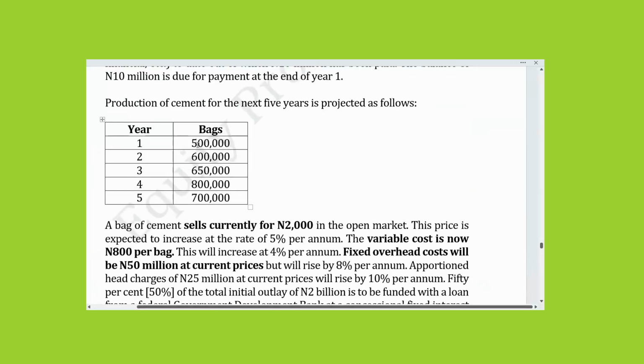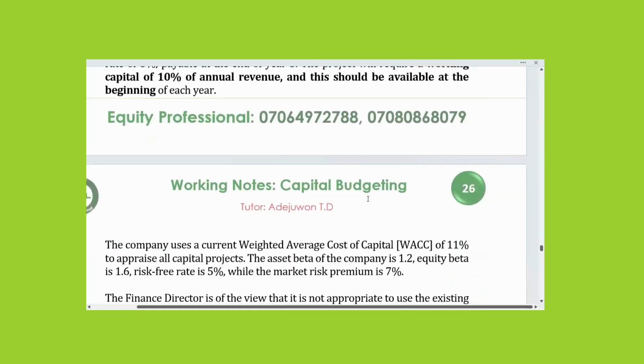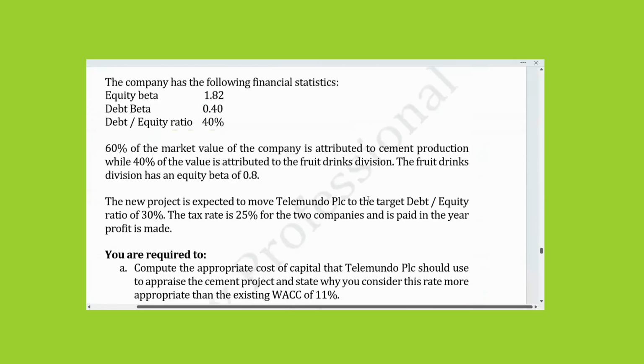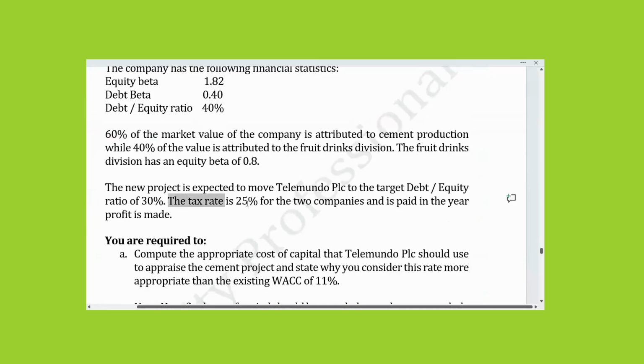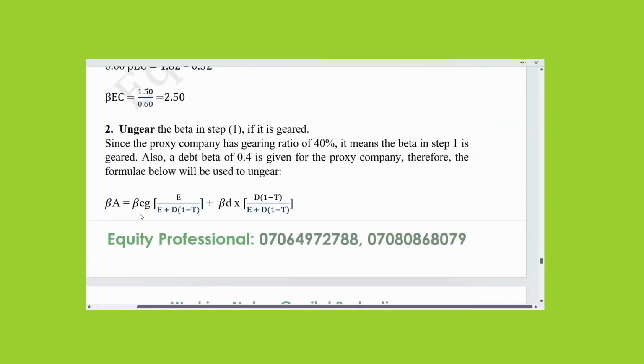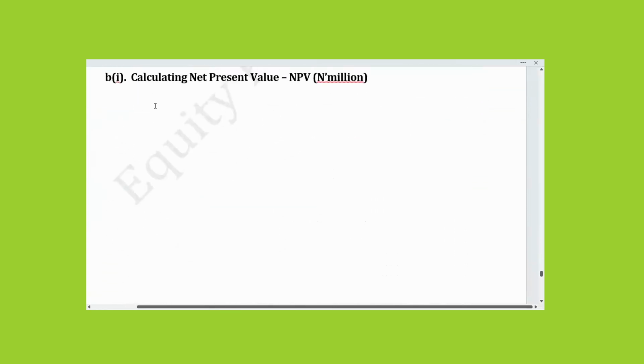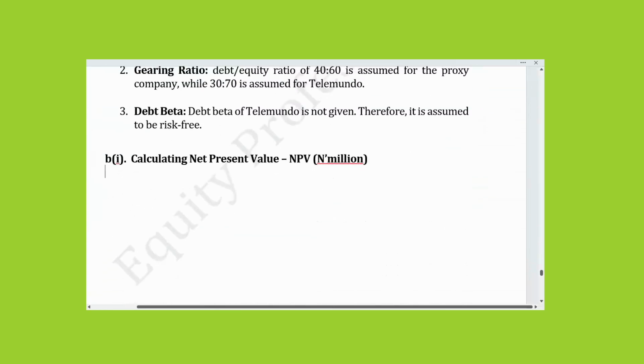I will also check when I am supposed to pay my tax. The examiner told you that the tax rate is 25% for the two companies and it's paid in the year profit is made. Therefore, there is no 1 year lag. So I will create columns for 5 years to calculate my NPV. Let me create a table for this.